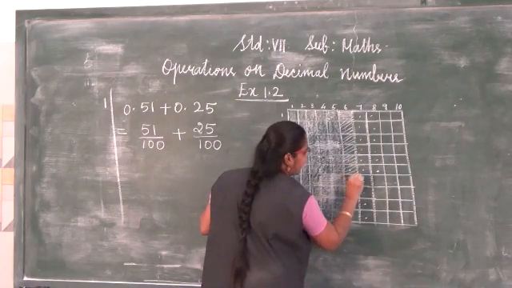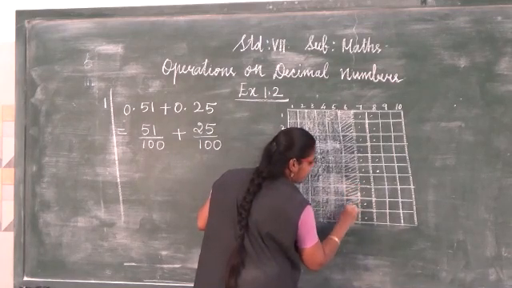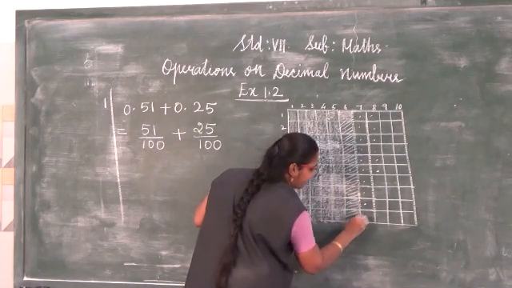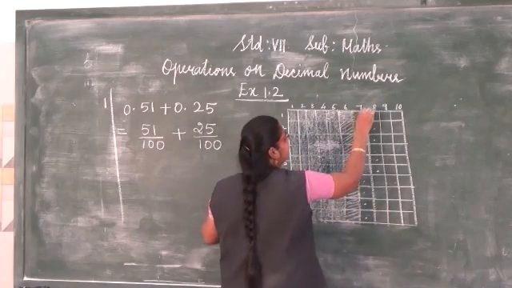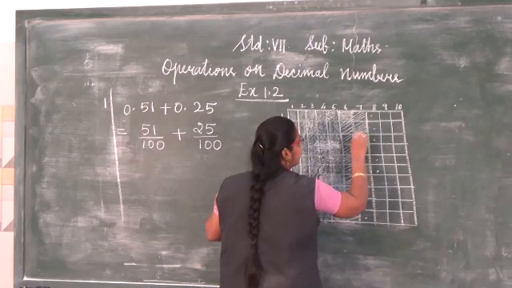So 25 I have added to the grid. Already 51 was there. Now I have added 25 to the previous number.